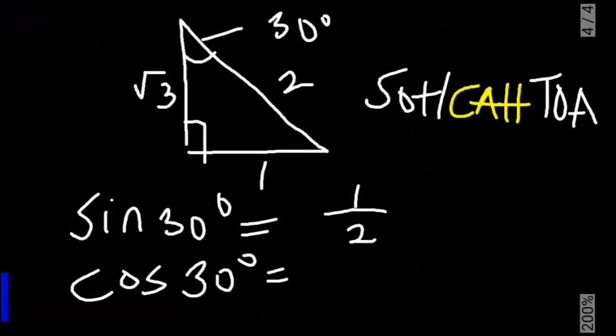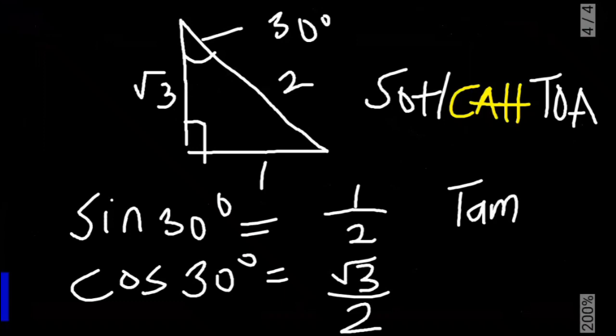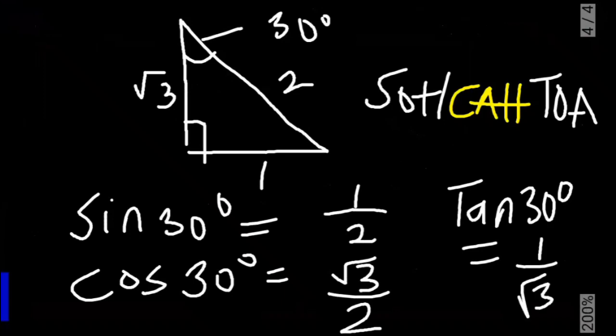The adjacent is root 3 and the hypotenuse is 2. Then our tan 30 degrees would be equal to opposite over adjacent, so 1 over root 3. So these are the values for the 60 degree and the 30 degree.